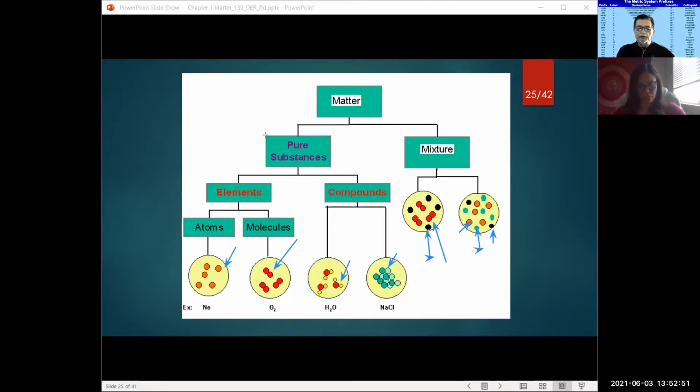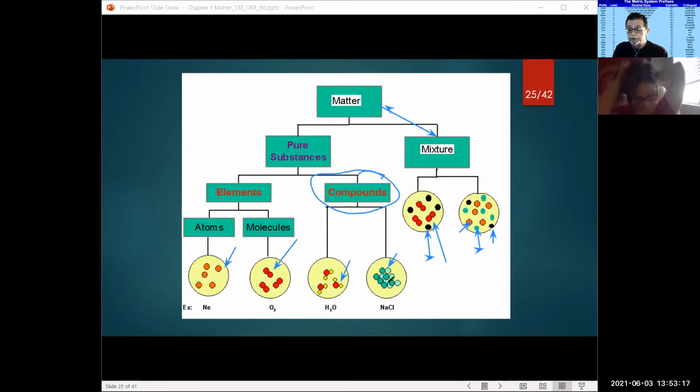So what we do is we look at matter, and if it's a mixture, we're going out in this direction, pretty self-explanatory. Okay, these diagrams represent a mixture. When we get to pure substance, that's the other side of the flow chart, it's going to be one or two things. It's going to be either a compound, which we know by definition is made up of two or more different elements.